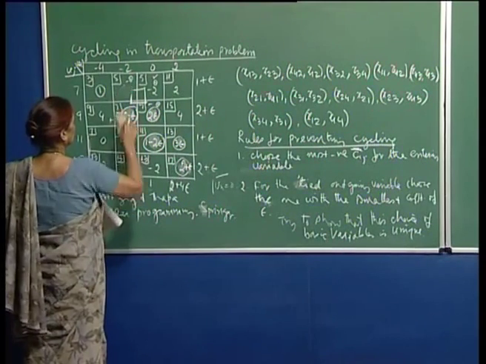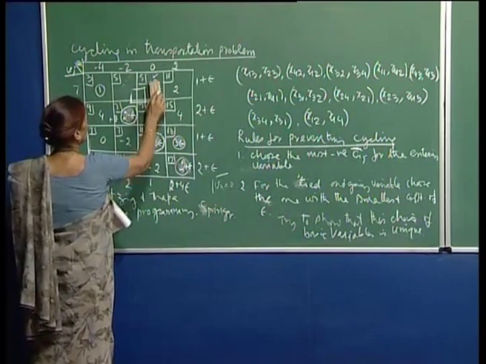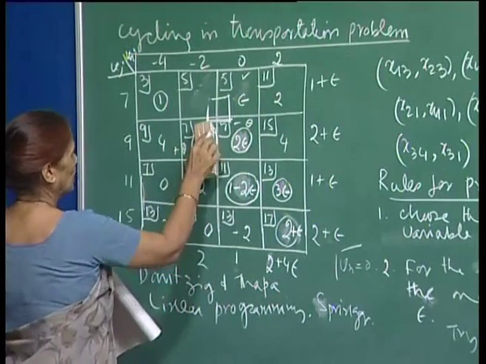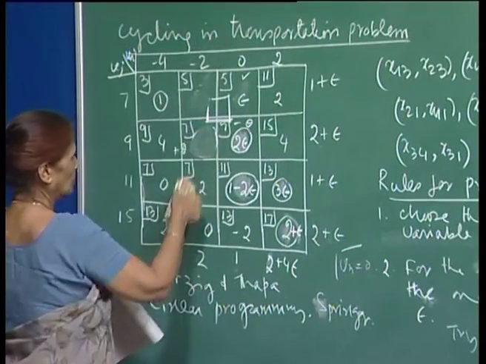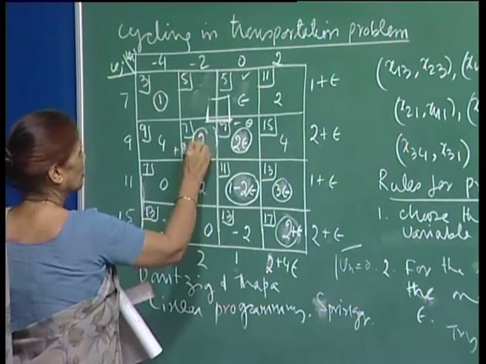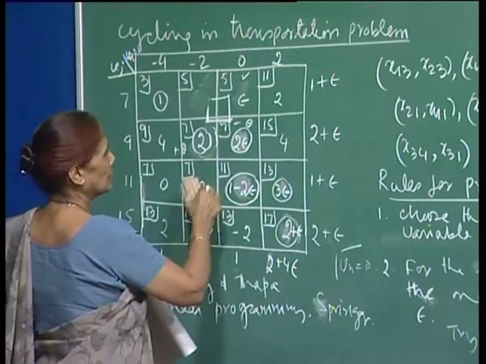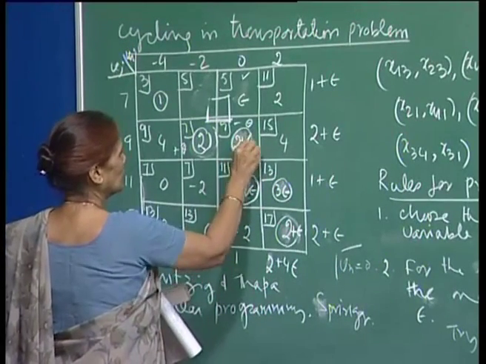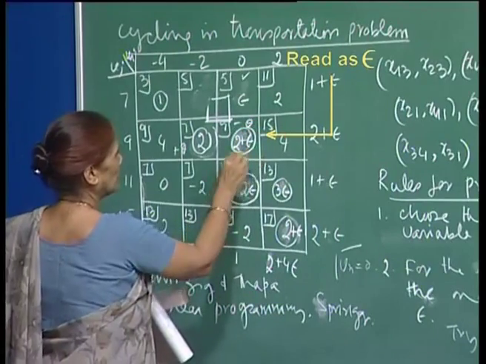So, this is 0, this is gone out, and this one now becomes epsilon. To this one you will add epsilon, because the row and column sums have to be intact. So, this is 2, right, and then here this is minus theta. So, this is epsilon, right.